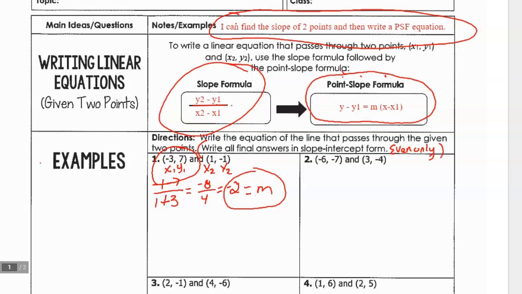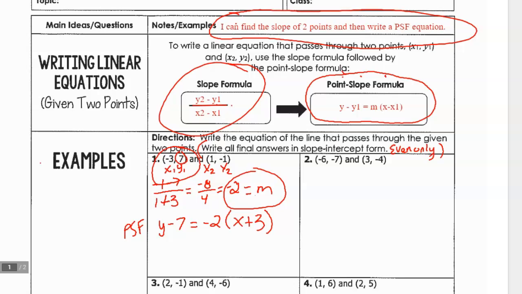So now I just plug the 3 points in. y minus 7. Get that 7 from here. y minus y1 equals my slope, -2, times x minus a -3 becomes +3. And you can stop there on the odds. That's point slope form.